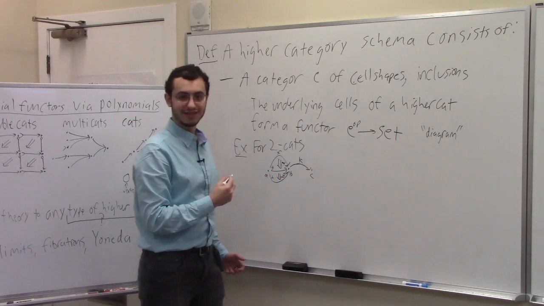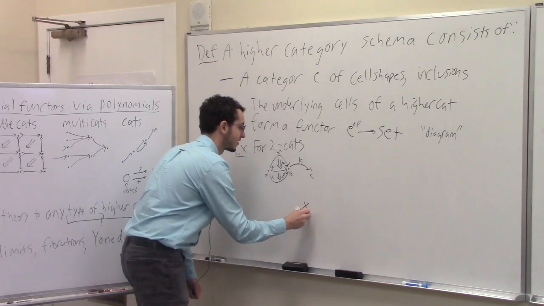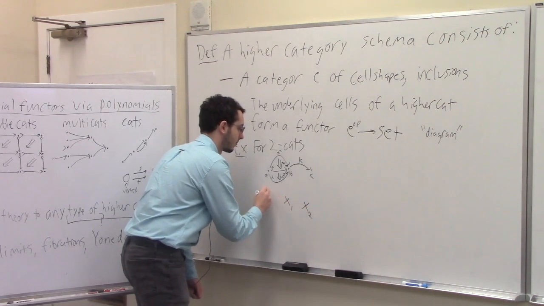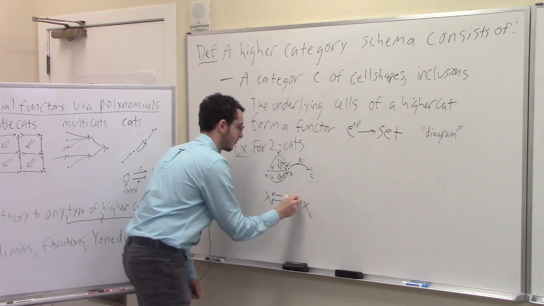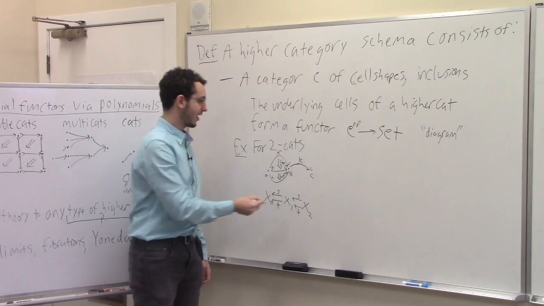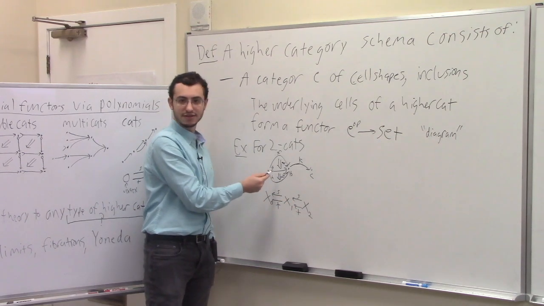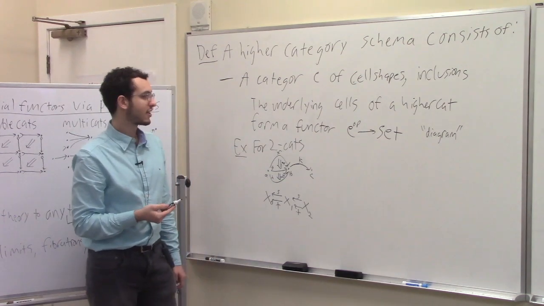So one way we could see this is as a diagram of sets of this form. X2 is the set of 2-cells, alpha and beta. X1 is the set of 1-cells, and X0 is the set of objects.